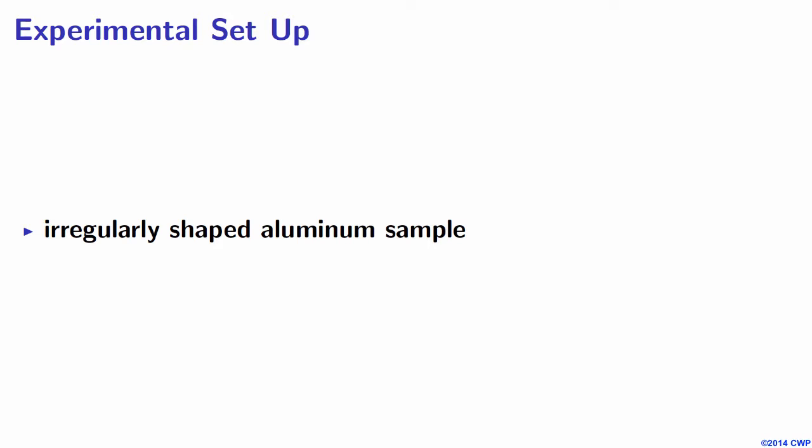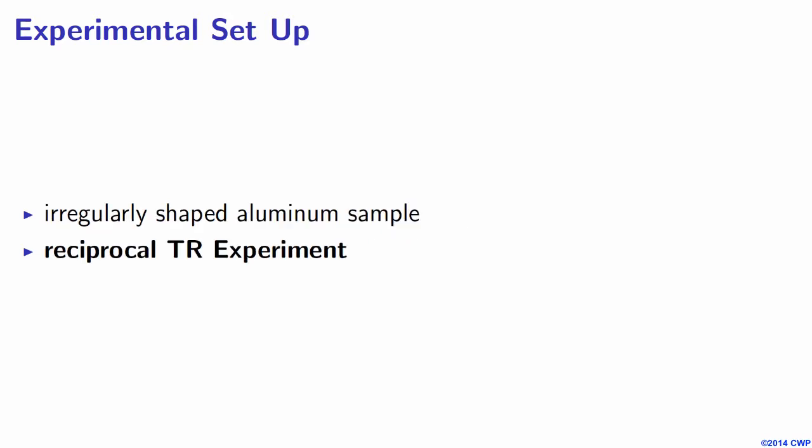So this project with Los Alamos had the following experimental setup. We had an irregularly shaped aluminum sample of approximately 1,000 cubic centimeters. We then did a reciprocal time reverse experiment where our source was a transducer and our receiver was a laser vibrometer. Now the downside to using a laser vibrometer as our receiver was that it couldn't act as both a source and a receiver. That's why we did a reciprocal time reverse experiment.